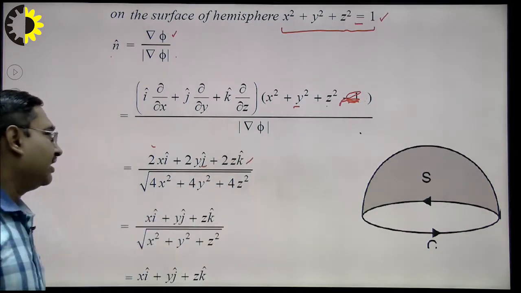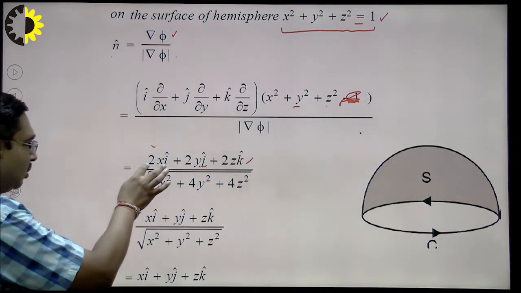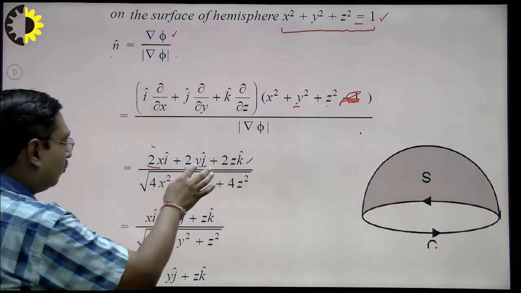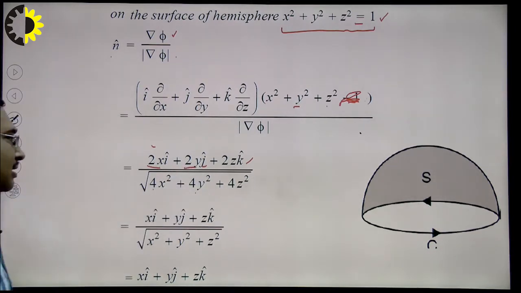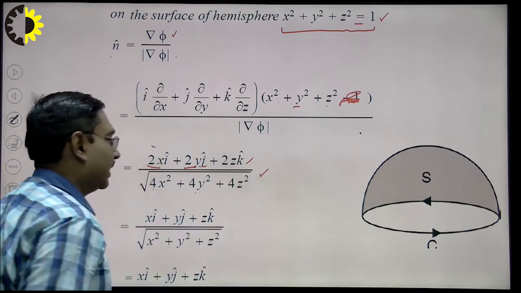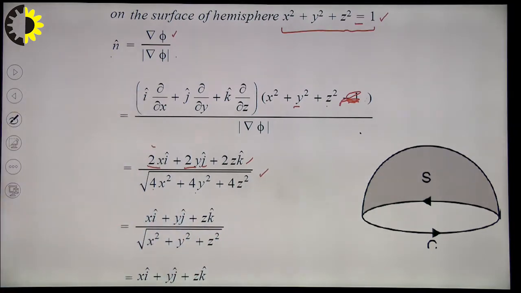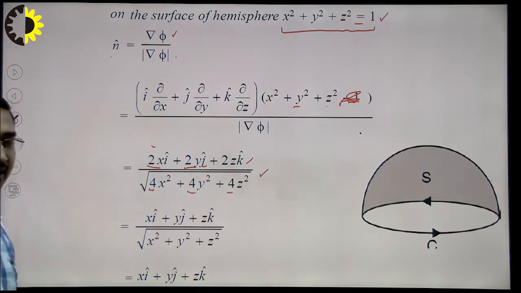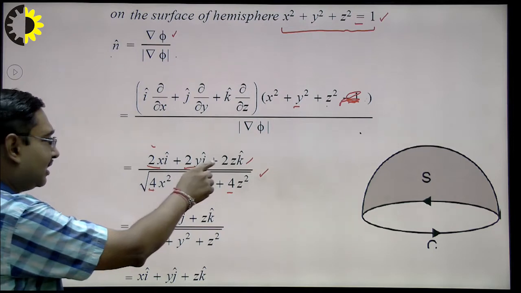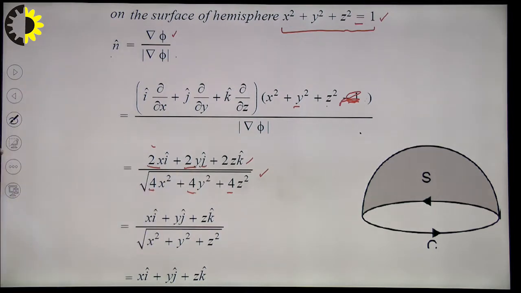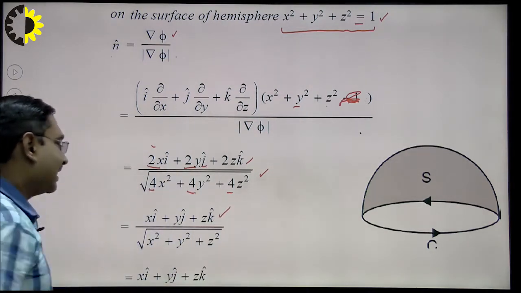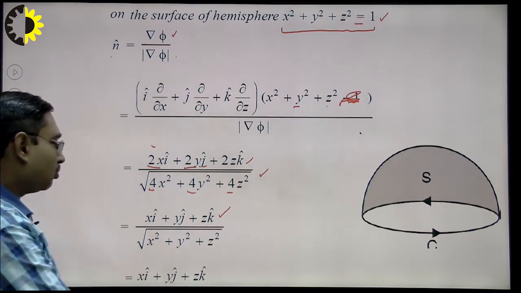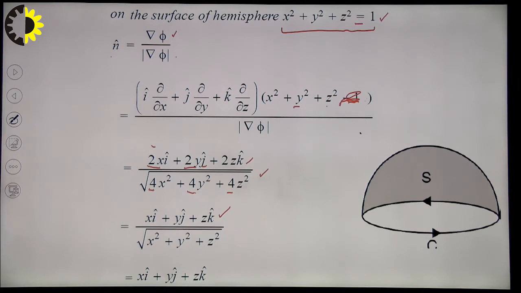Mod of del phi will be the square root of 2x whole square, that is 4x square, plus 2y whole square, that is 4y square, plus 4z square, by the formula of modulus of a vector. Now this 4 will be taken common and cancelled out with this 2. So in the numerator it will be xi cap plus yj cap plus zk cap upon root of x square plus y square plus z square.